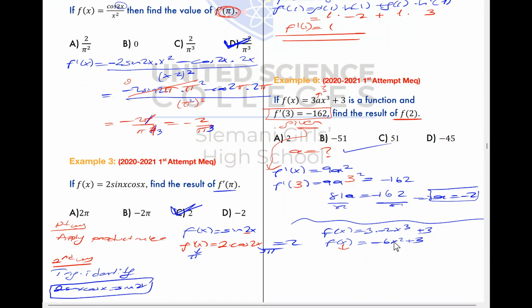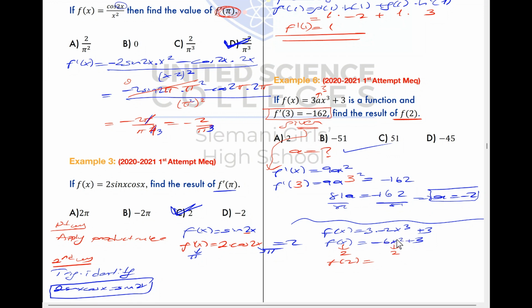So now I want my x's to be 2. This is what evaluation is, right? Switching the value of x with 2 in the function. So f of 2 equals 2 squared, 4. 4 times negative 6, negative 24. I think I made a mistake.